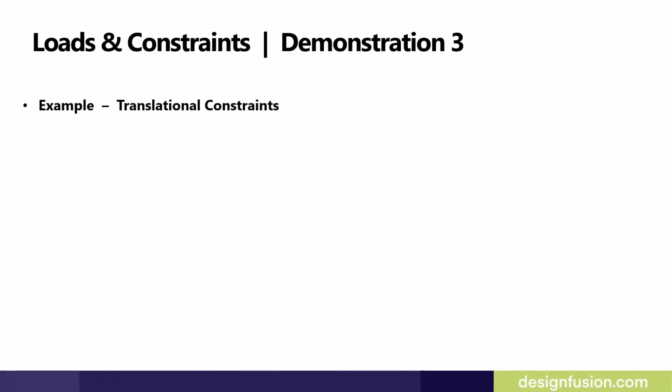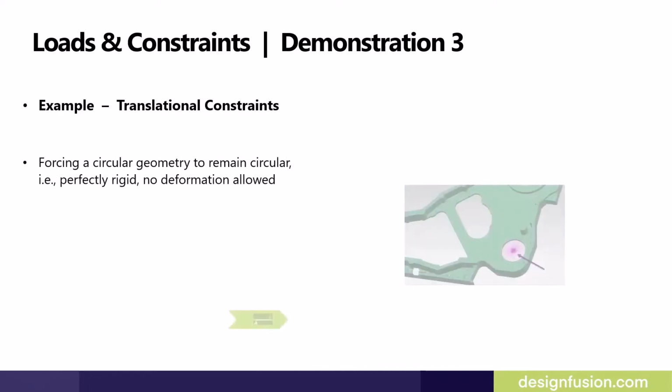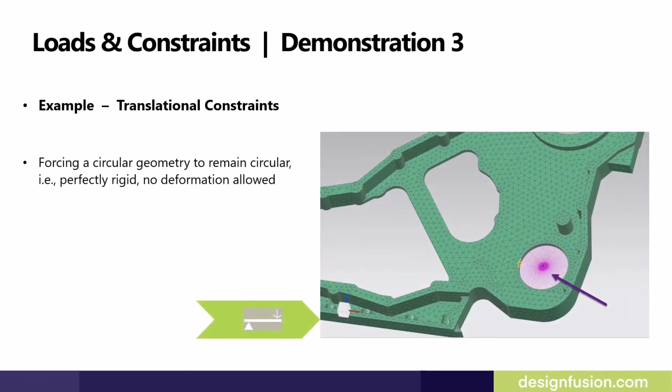Another way to define a translation constraint is to use a 1D type of element. I know that in this circular hole there is a bearing, and the bearing has a stiffer material than aluminium. So this circular geometry remains circular during the operating condition, and I want to represent that.